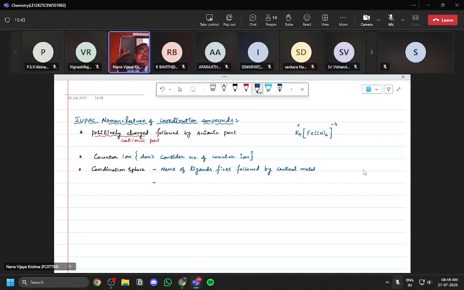Now, numerical prefixes. If there are 2 ligands, 3 ligands, 4 ligands, as such, we will give corresponding numerical prefixes. Here we call it as hexacyanide. So, numerical prefixes such as di, tri, tetra, etc. are used.